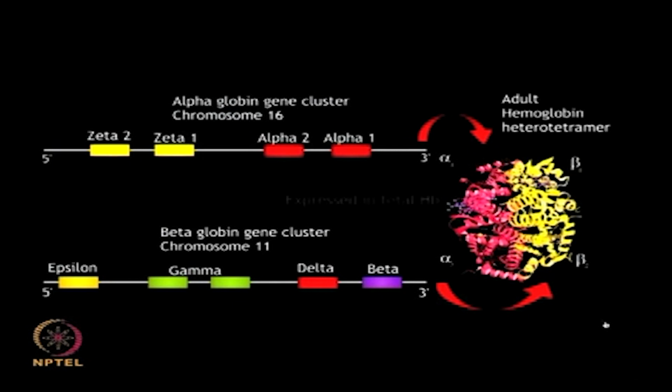Every subunit of hemoglobin is bound to a prosthetic group known as heme. This consists of a central iron atom in its ferrous state, surrounded by a complex organic ring structure known as protoporphyrin. The heme group is essential for the oxygen binding property of hemoglobin.